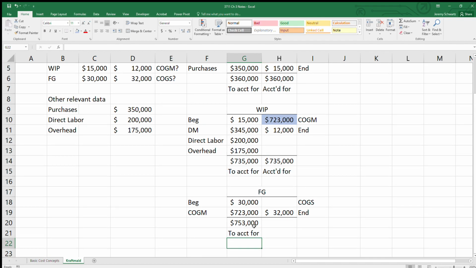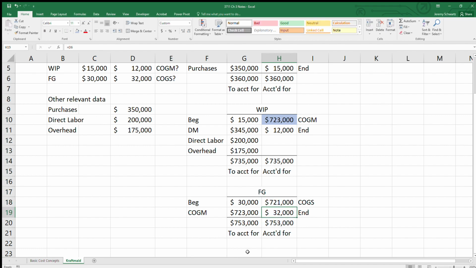So to account for and accounted for. So we have to explain it all. So that means our cost of goods sold must be the 753 number minus the 32,000.